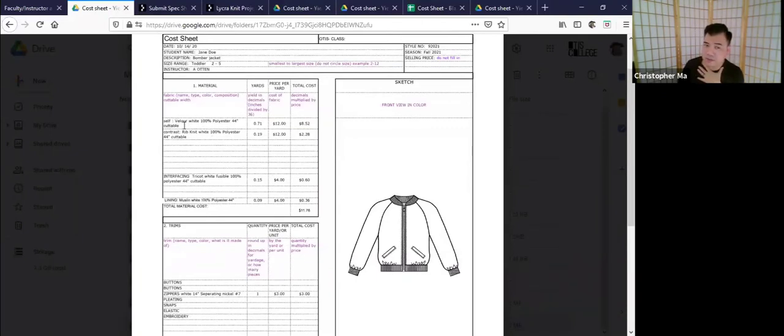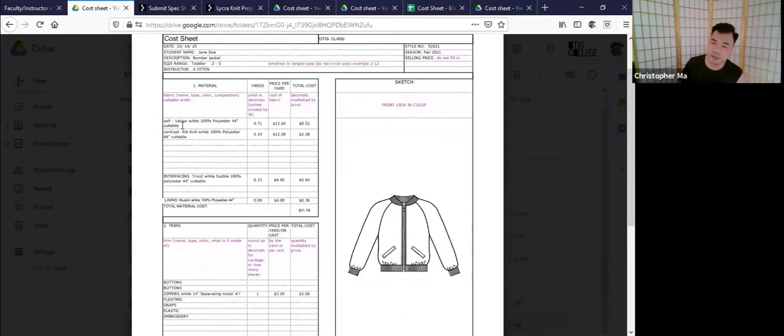Here, totally different fabric from what you're using, but it will give you an example of what needs to be on it, right? If you somehow change around the order of what I just said, it's fine. As long as I find all 4 things under this little category, this little tab here, I won't take anything off.